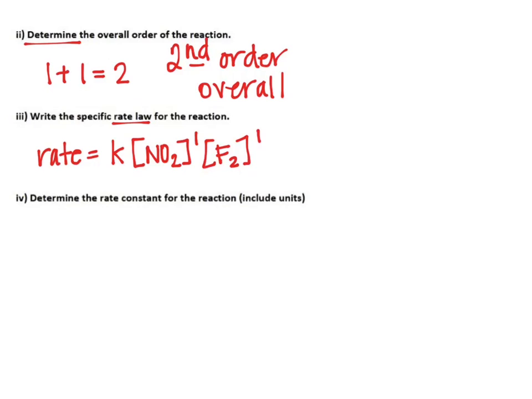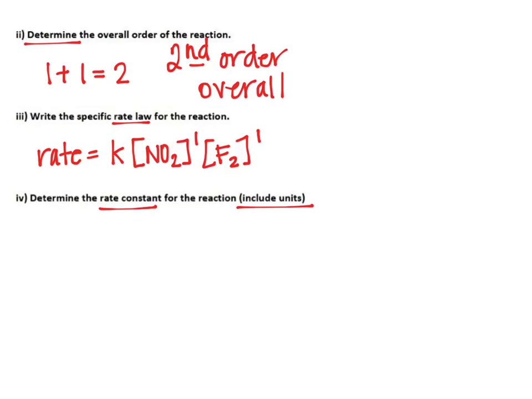Now they have told you to determine the rate constant. And it says include units. If it tells you to include units and you don't, they are very, very big in kinetics and the units. If you don't include the units, you won't get the point if they ask for it.